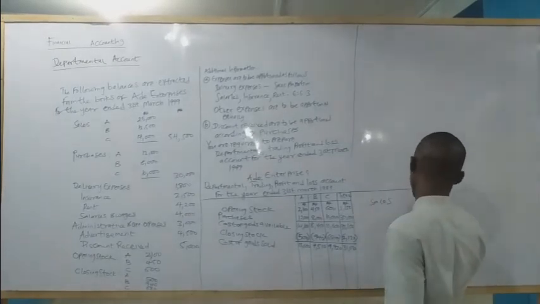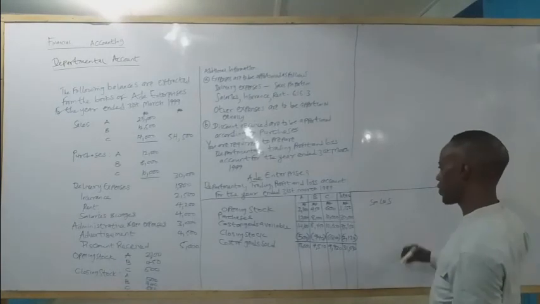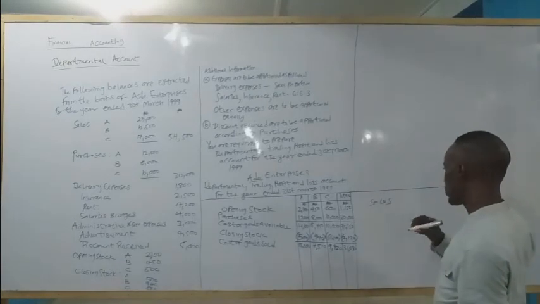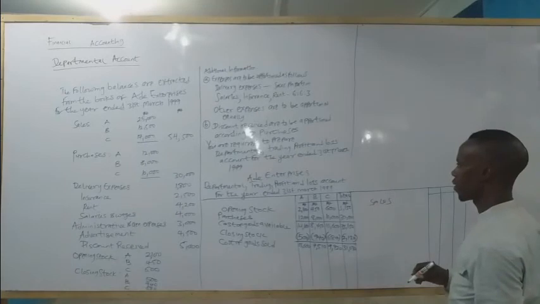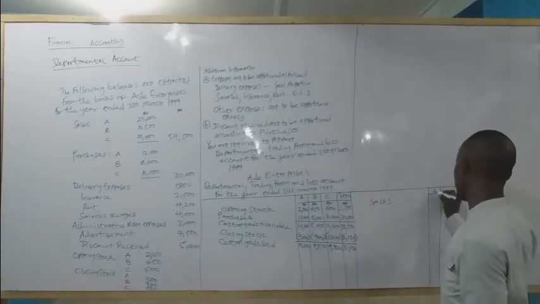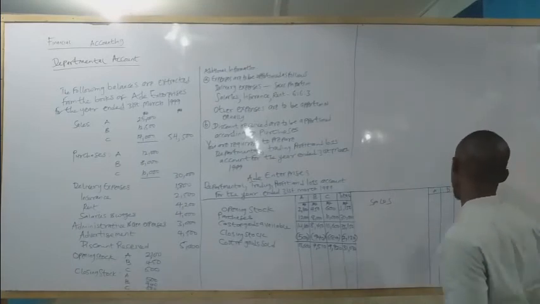Sales is how much? We have it in departments as well. So we have A, B, C, and what total?